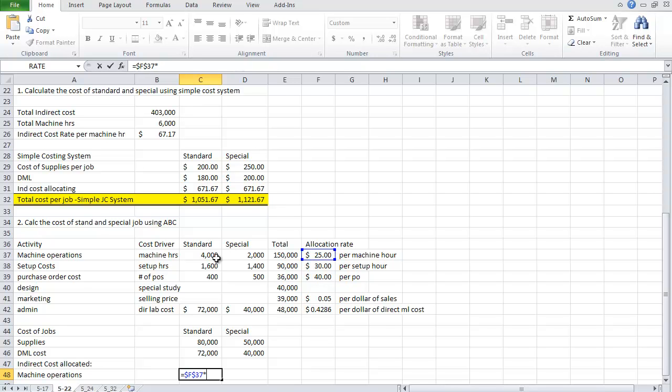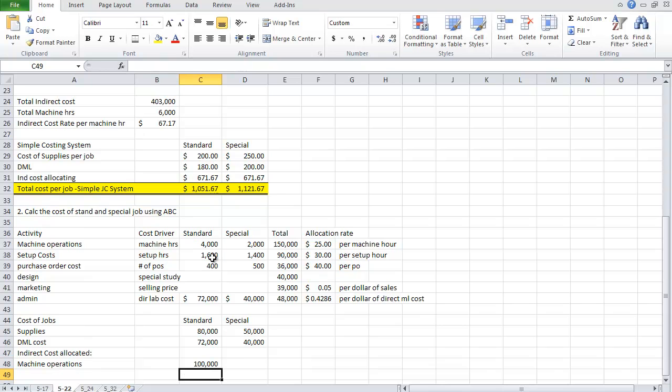I'm going to multiply it by the number of hours, which will give me $100,000. And I'm going to copy this formula over. So again, I made this an absolute reference, so it's saying $25 times the 2,000 gives me 50. $25 times the 4,000 gives me 100.